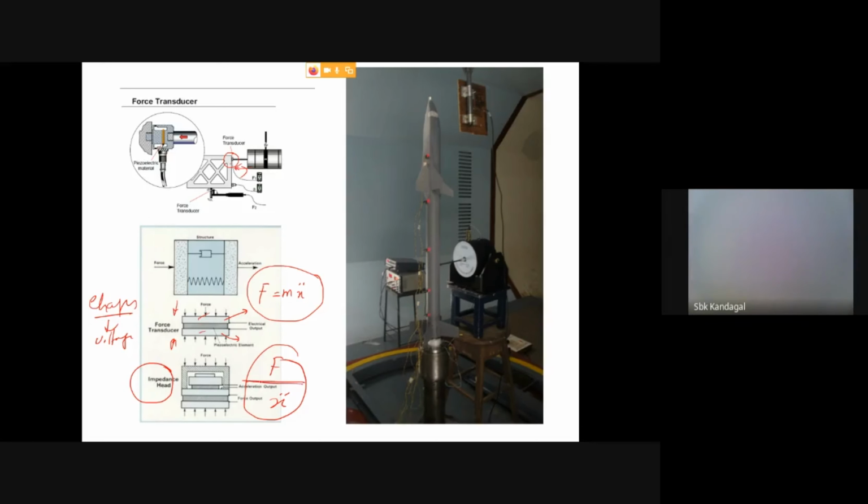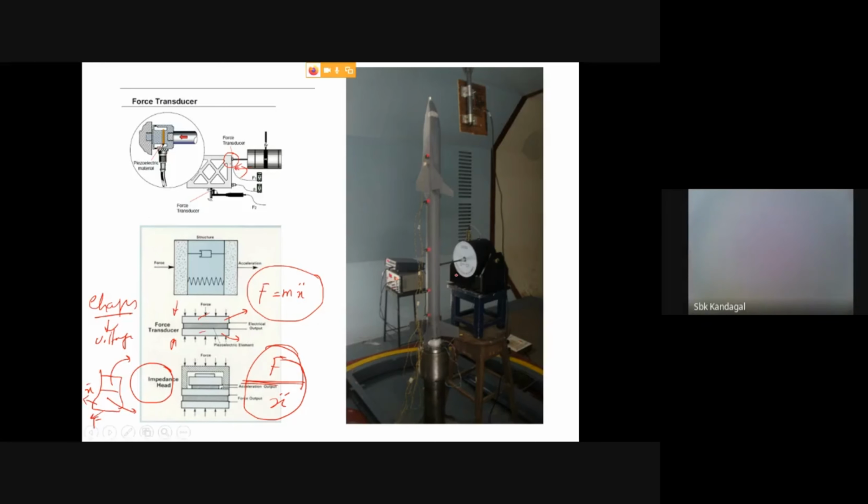This instrument is very useful for finding the driving point FRF. The top portion is the force transducer and the bottom portion is the accelerometer. Whenever you connect it, two leads come out: one gives the acceleration, and the other gives the force. This is the major application of the impedance head.